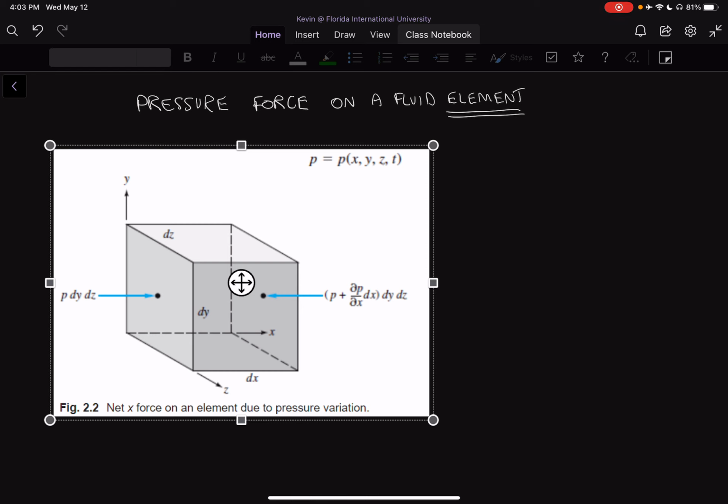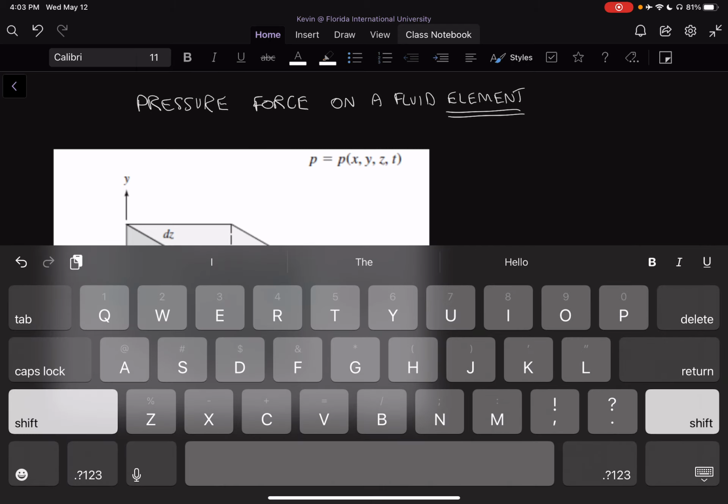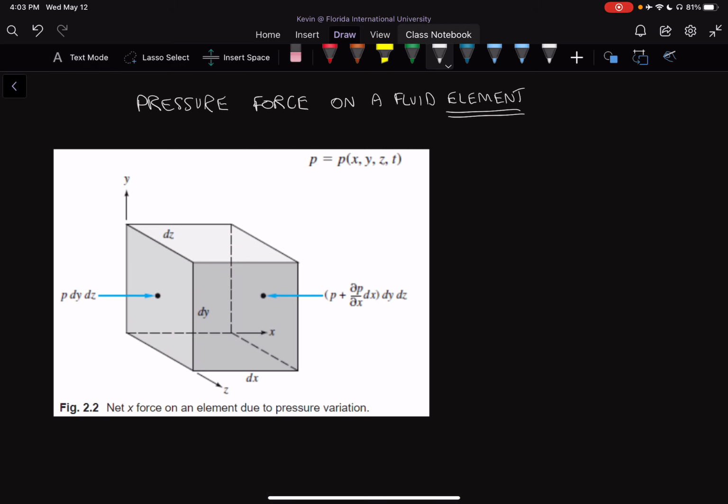What we see here is an element of size dz, dy, dx, and we're going to study what the pressure does on this specific element.